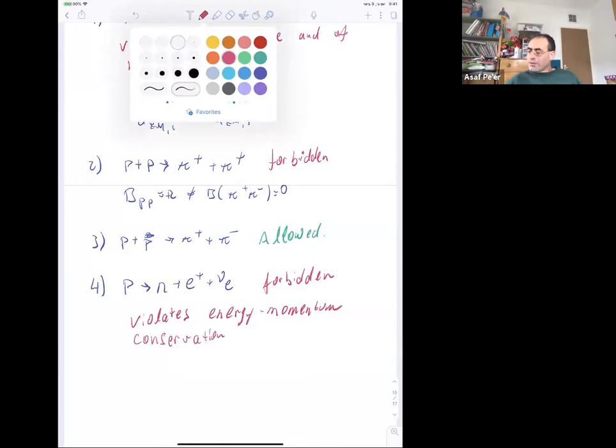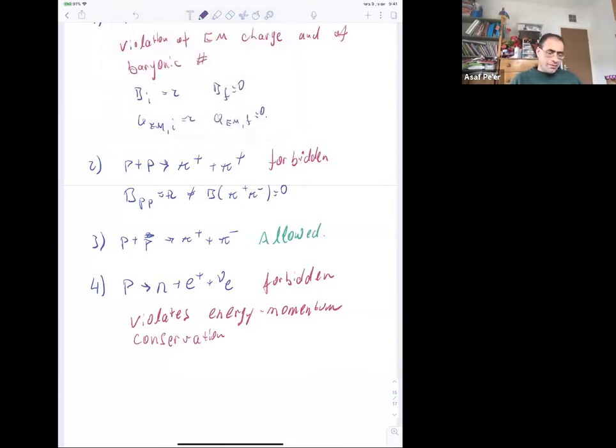Now you may recall that the neutron is slightly heavier than the proton. The mass of the neutron is 938 MeV, and the mass of the proton is 934 MeV.